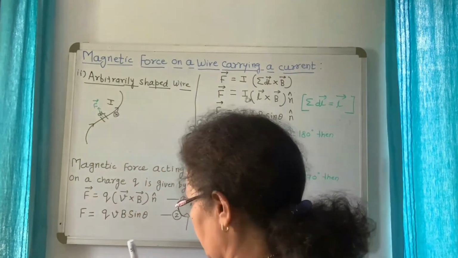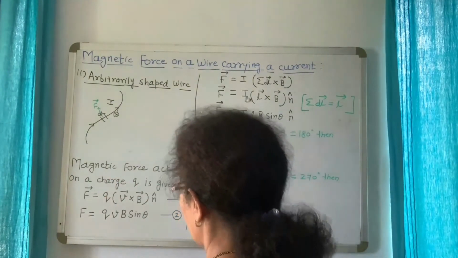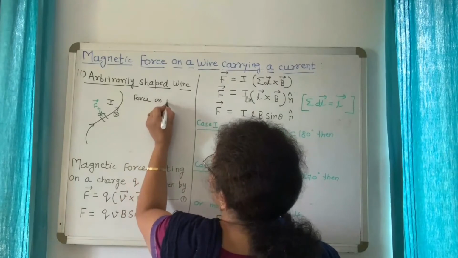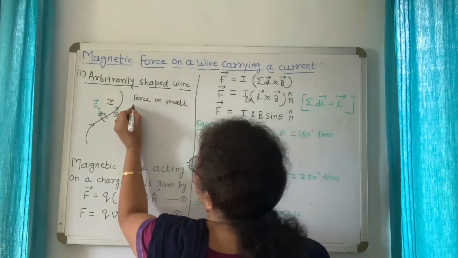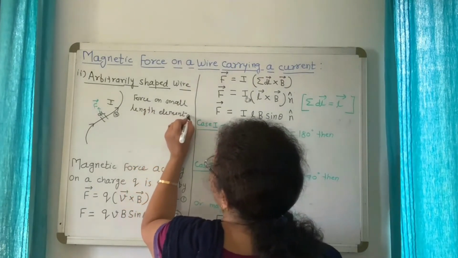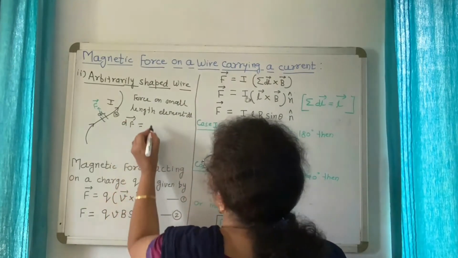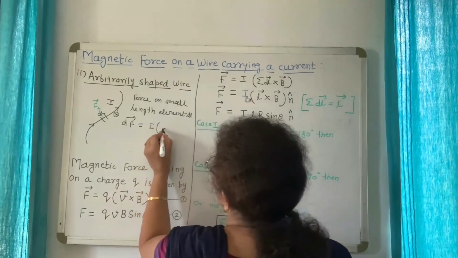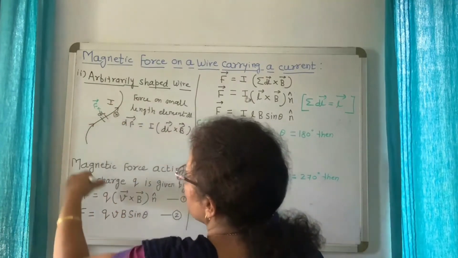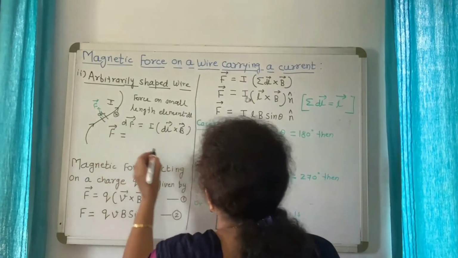Using the same equations, you can write the force on the small length element dl as dF equals I dl cross B. Now the total force acting on the entire wire is F, the summation here.